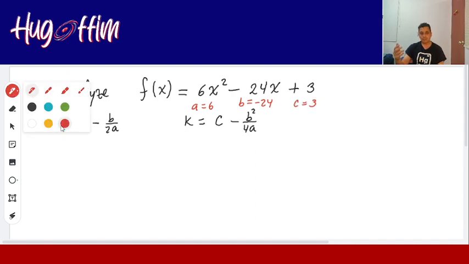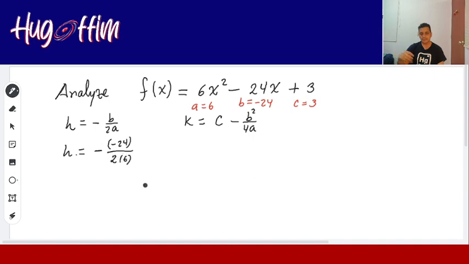So now I'm just going to use my formulas to calculate my vertex. So h is minus b, which is negative 24, over 2 times a, which is 6. Negative times negative is positive. 6 times 2 is 12, and 24 divided by 12 is 2. So h is 2.